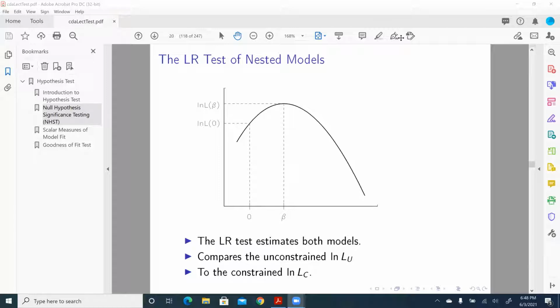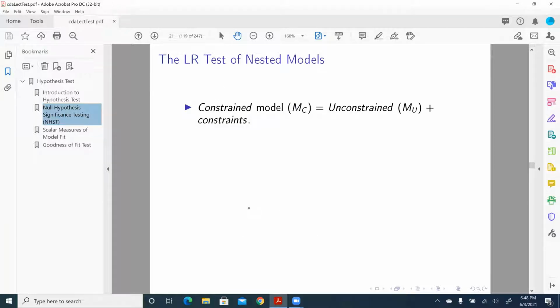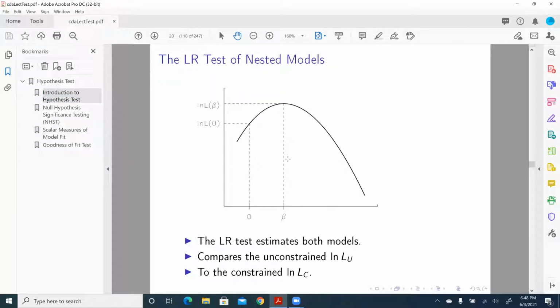Unlike the Wald test, which checks the distance between the null value, which is 0, and the maximum likelihood estimator beta, this is a horizontal distance.